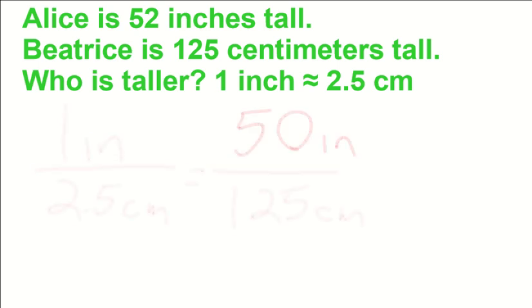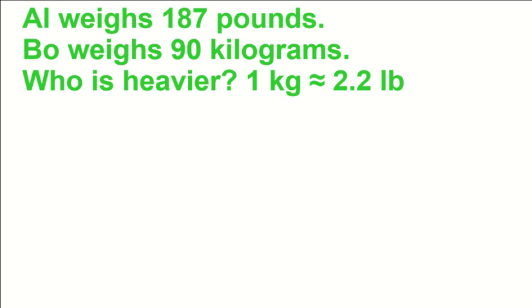All right, try another one. Al weighs 187 pounds, Bo weighs 90 kilograms.